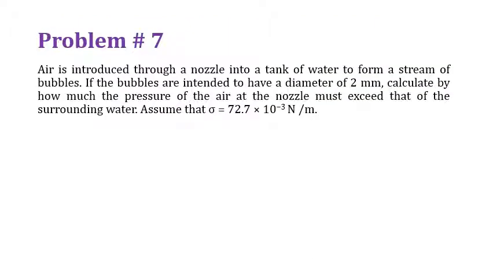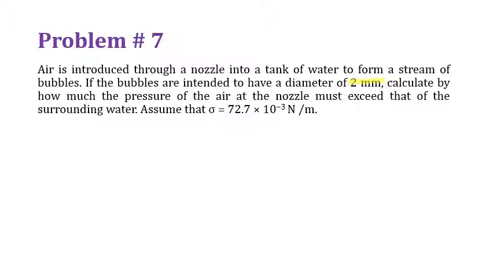So let's solve some relevant numerical problems. Air is introduced through a nozzle into a tank of water to form a stream of bubbles. If the bubbles are intended to have a diameter of 2 mm, calculate by how much the pressure of the air at the nozzle must exceed that of the surrounding water.